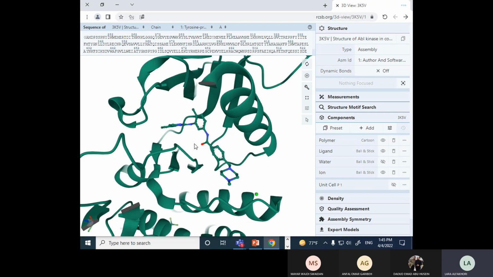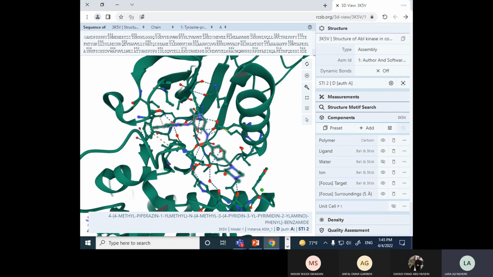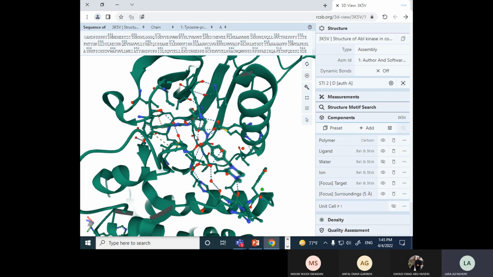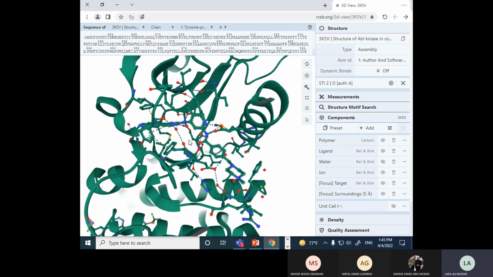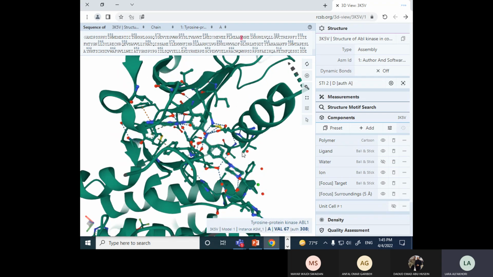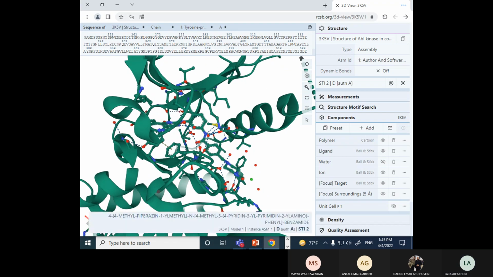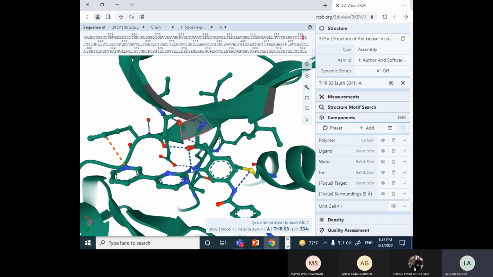Now along the hinge region, there is a residue at the opening of the hydrophobic pocket, and that specific amino acid we call the gatekeeper residue. It's this one in here. Let me click on it so we can zoom in and see the interactions it forms.